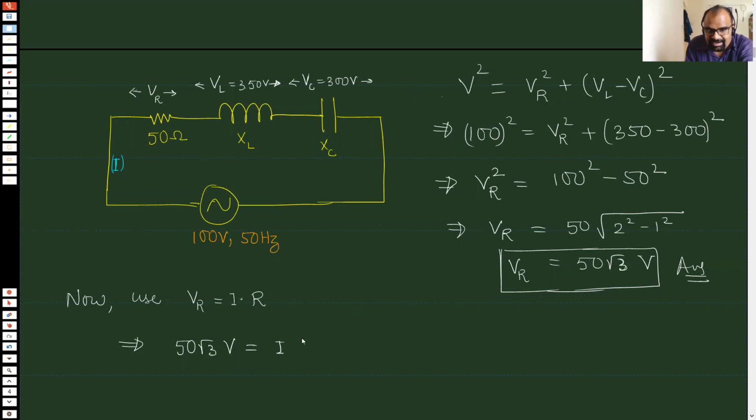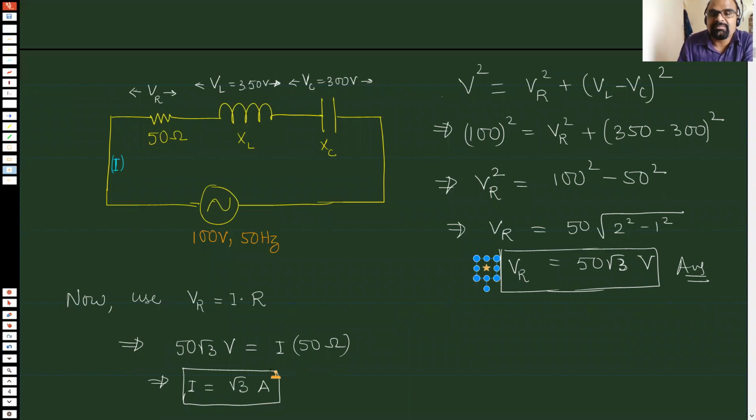I we want to find, and R is given to be 50 ohm. You see? So it was not so difficult. Unnecessarily we were panicking whether the values are given enough or not. Unnecessary panic was there. So we have been able to find the value of current also. Done.